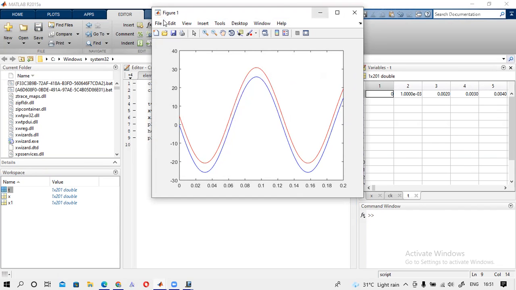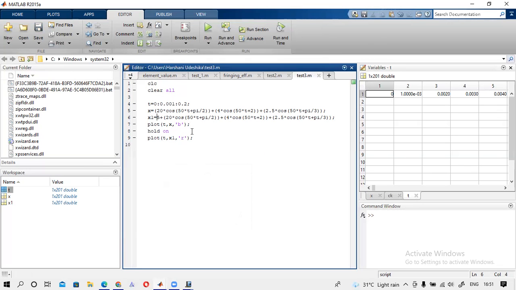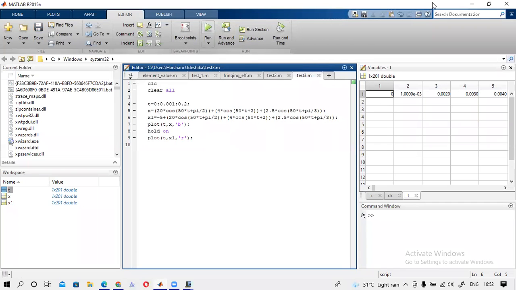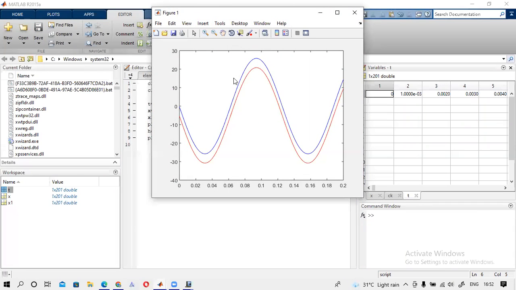If I add -5, you can use the method: ground the plus terminal, connect to the ground of the signal generator. So see, this is our original signal, and the DC shifted signal is shifted downward.